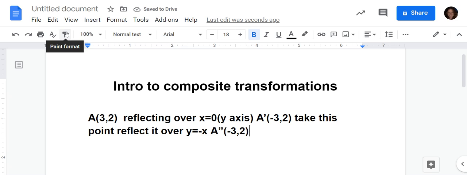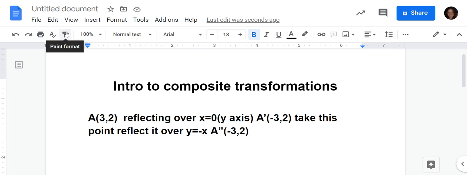We reflected the first one. We didn't go back to the original, but we reflected the second one. So we're going to talk a little bit about what's happening here and the other ways to write it. When we do this, we write it from the inside out: what we want to do first, what we want to do second. It's in an order that we wouldn't normally think of it.